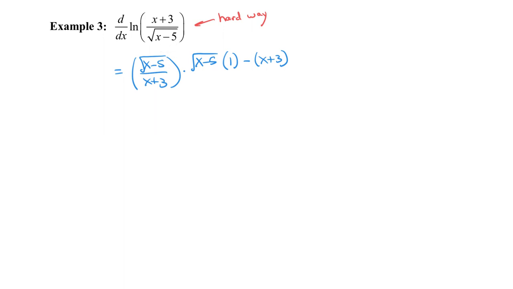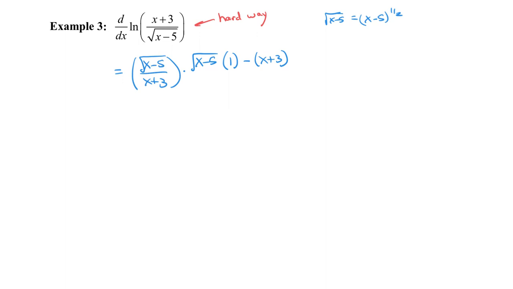Well, x minus 5 under the radical, that's really x minus 5 to the 1/2, right? So when I take the derivative of this, I'm going to get 1/2 x minus 5 to the 1/2 minus 1, which is minus 1/2. And then, since that's not plain old x, you take the derivative of that, which is still 1. So it doesn't really matter too much.